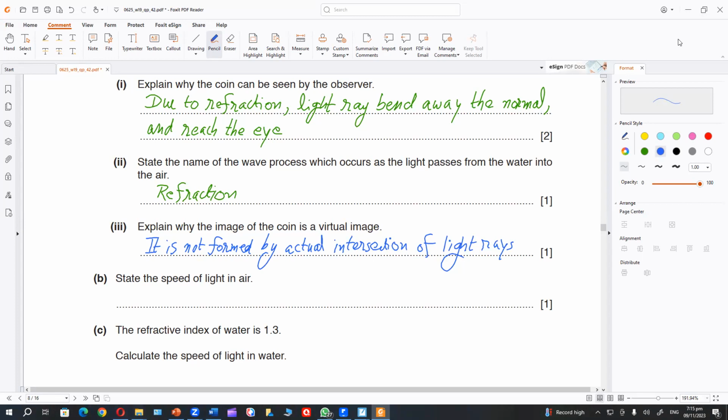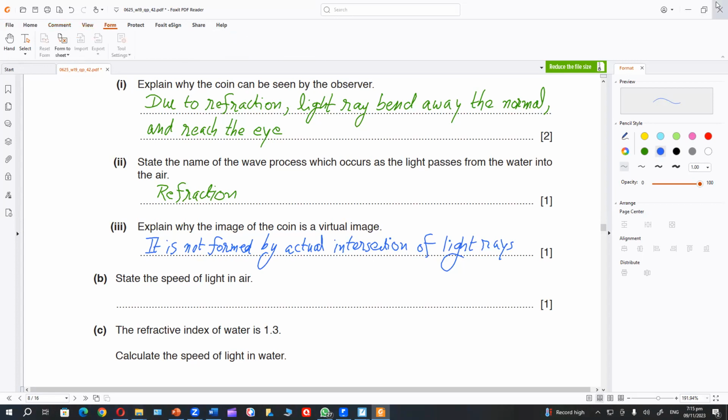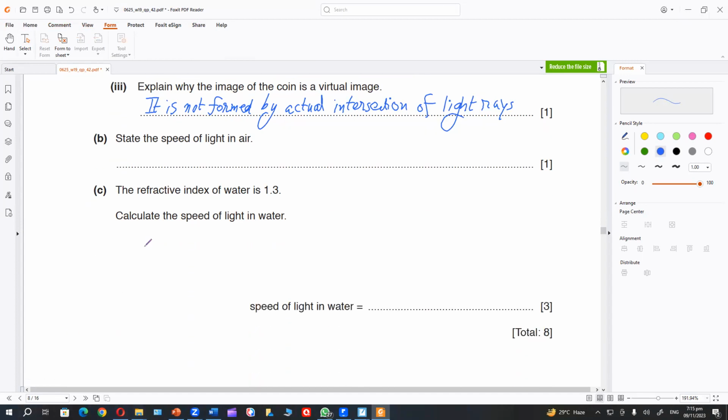Just like you're sitting in a class and you're looking at a projector image, it is a virtual image because the image is actually forming on the screen and then coming to you. So it is a virtual image because it is not formed by the actual intersection of light rays.